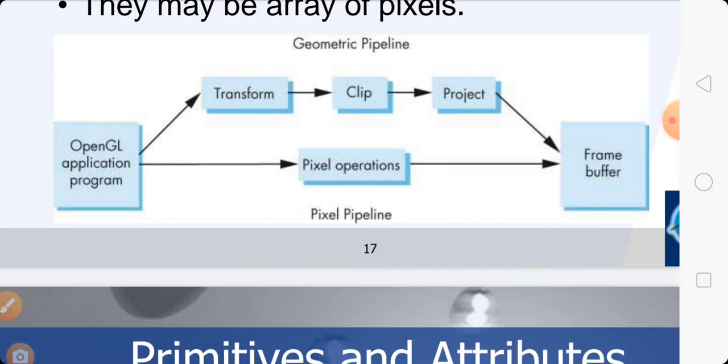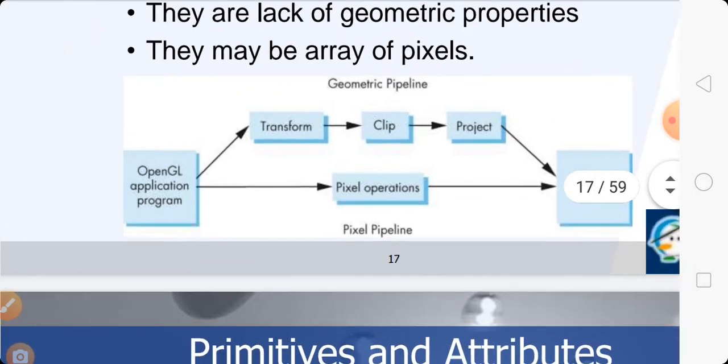The OpenGL application program processes the pixel operations and provides them to the frame buffer, transforming, clipping and projecting, and stores it in the frame buffer to display on the screen.